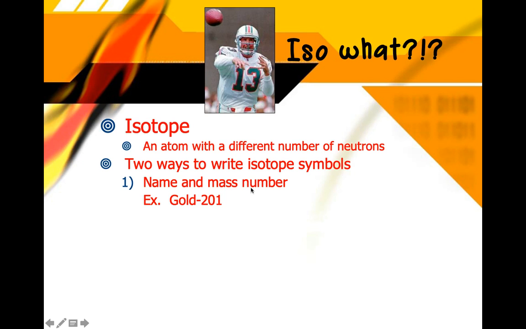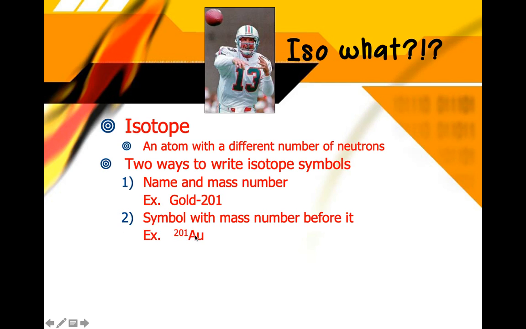This is the mass number. So this tells you that it's related to how many neutrons and protons there are, and that number would change if you have a different isotope because the neutrons would change. You could also just write the symbol instead of the name and put the mass number in front of it like this.